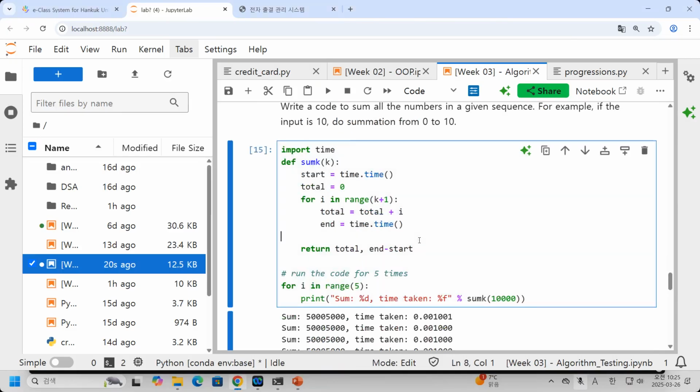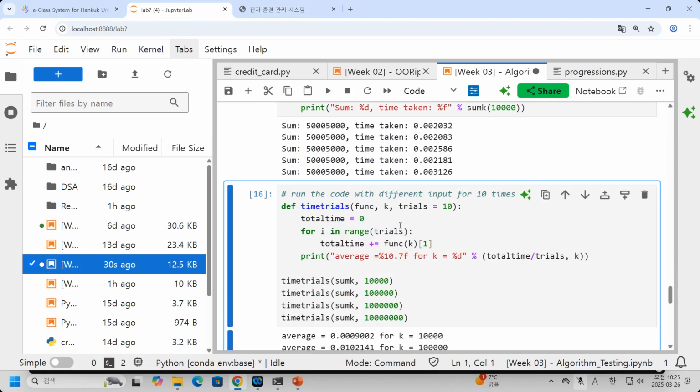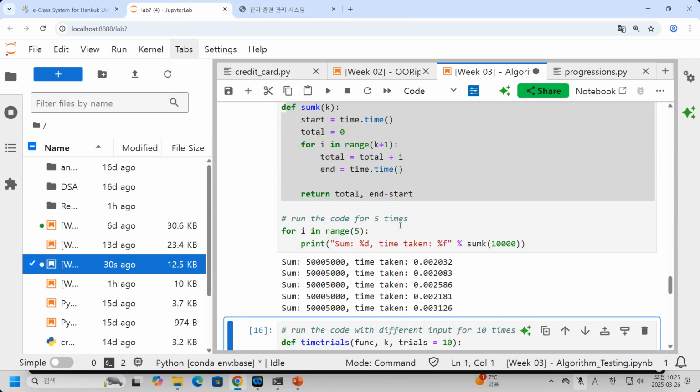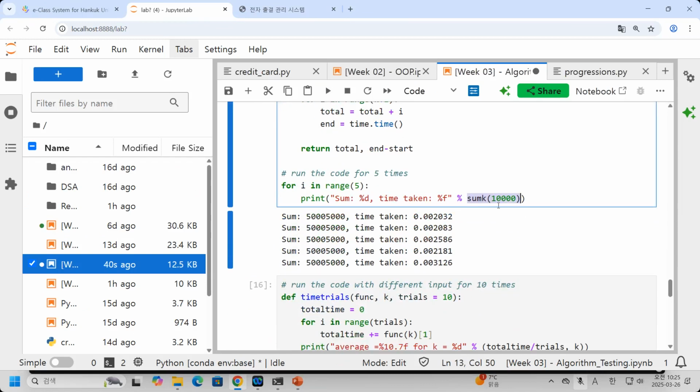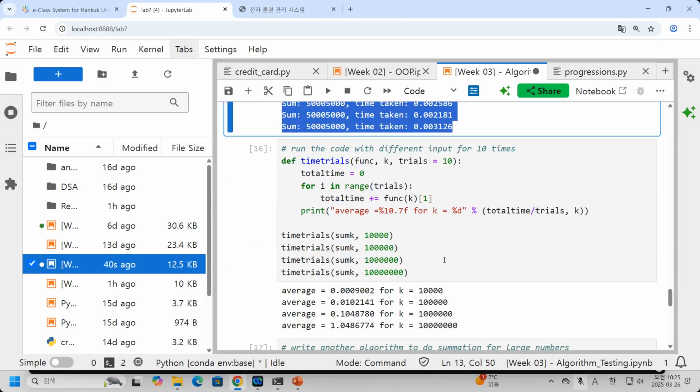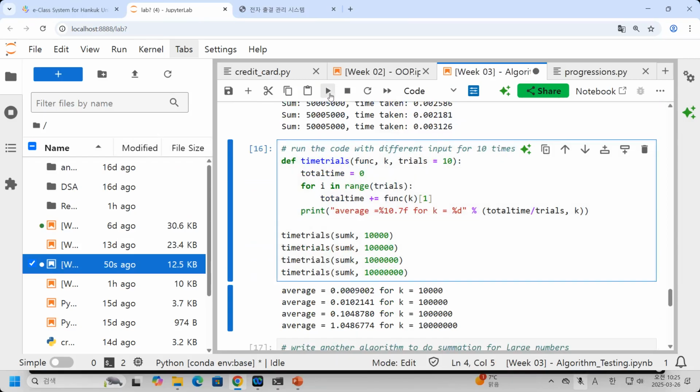So you can check how long it takes to solve this problem with small data and with big data. Then you can run it. I will do a number until 10,000, so the time to finish this one is here. And then I have another trial with different numbers.